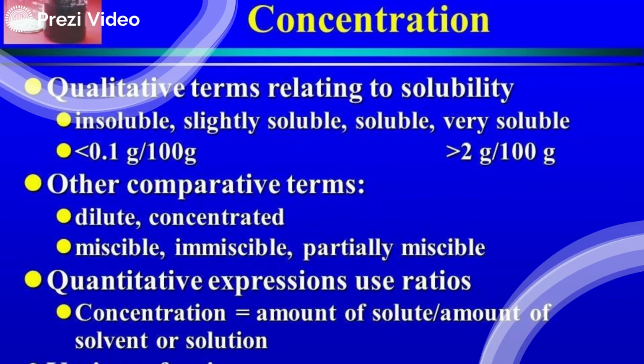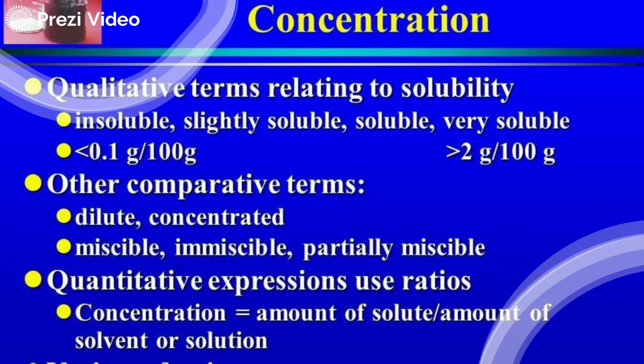So this process of comparison, this process of estimation of the solubility, can be carried out by either qualitative techniques or quantitative techniques. Qualitative techniques related to solubility include its visual appearance, whether it is insoluble, slightly soluble, completely soluble or very soluble. So it depends on the amount of the solute which interacts, goes and disappears in the solvent to form the solution.